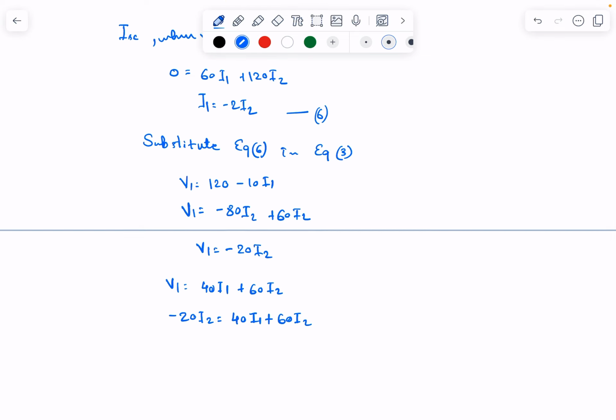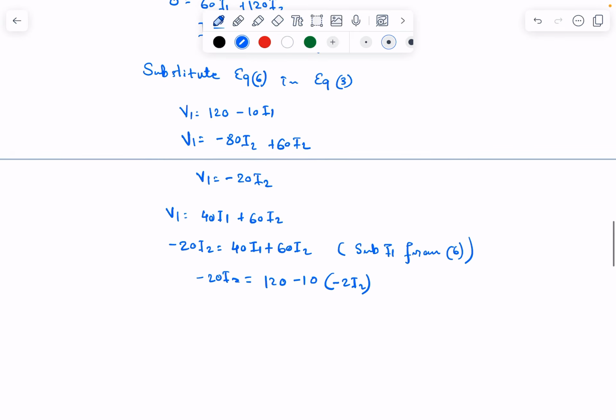I1 can be substituted here as well, from equation 6. We get minus 20I2 is equal to 120 minus 10 into minus 2I2. So minus 40I2 is equal to 120 and I2 is equal to minus 3 amperes. So this is my short circuit current.